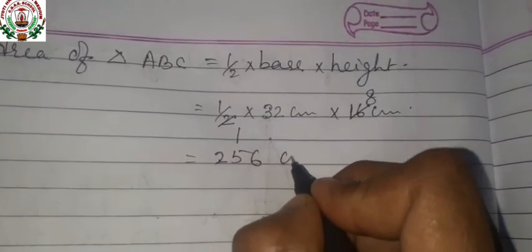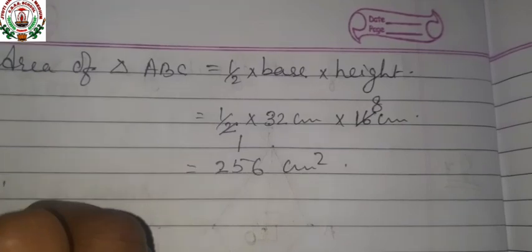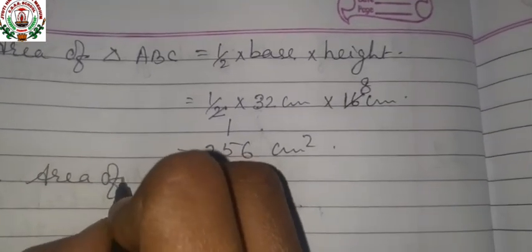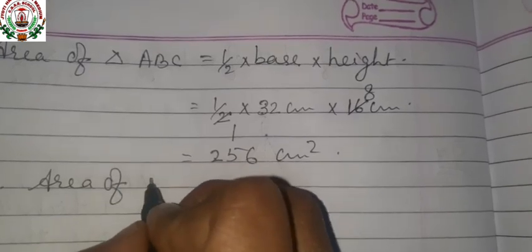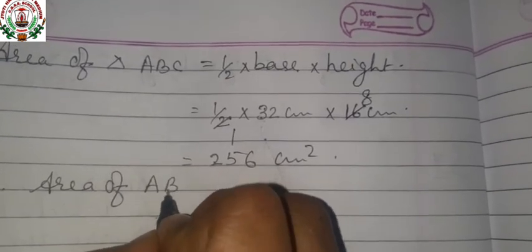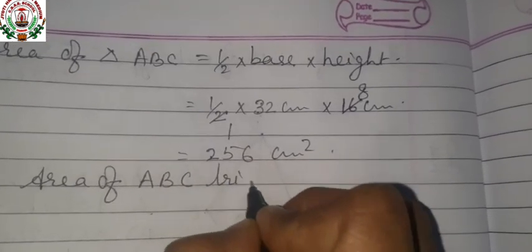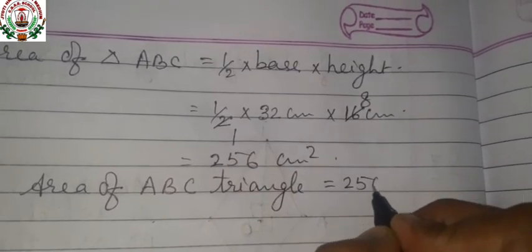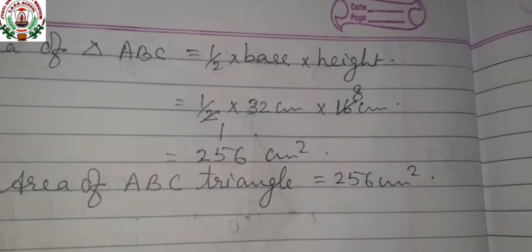256 cm square. Therefore, area of triangle ABC equals 256 cm square.